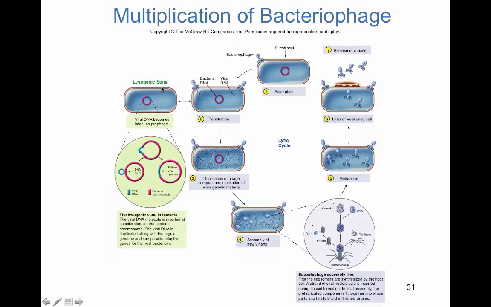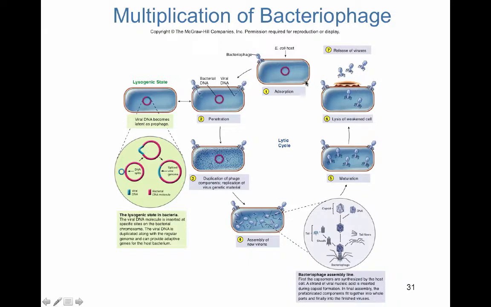So when a bacteriophage, starting at step 1 here, here's this little lunar landing module bacteriophage, it hops on to the bacterial cell. Okay, this is a single bacterial cell. This is the virus. And remember, all it really needs to do is just inject the nucleic acid. Now, the nucleic acid is present in the head portion. And what is the circle here? This is the bacterial cell's chromosome.